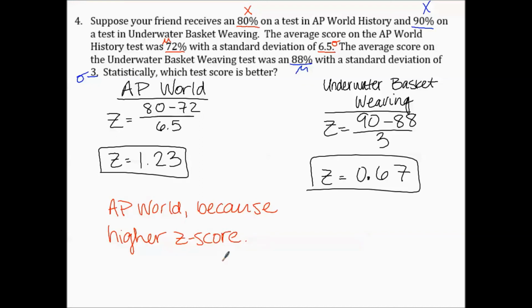So even though the actual grade on the underwater basket weaving test was higher than the actual grade on the AP World test, compared to the rest of the class, your friend did better on AP World.